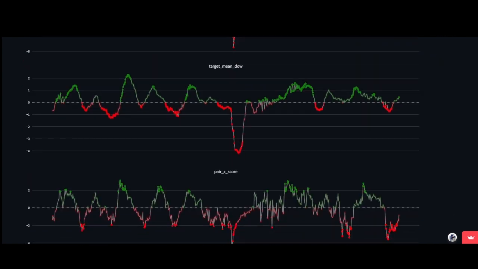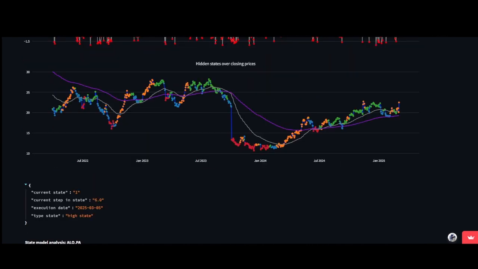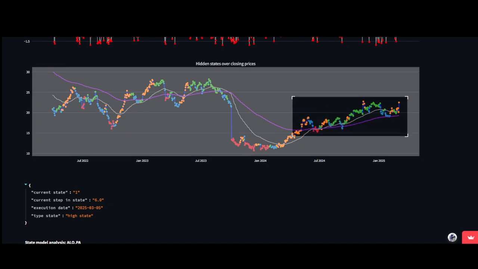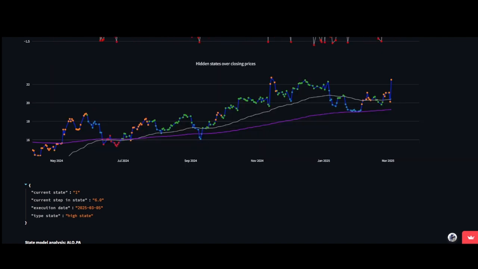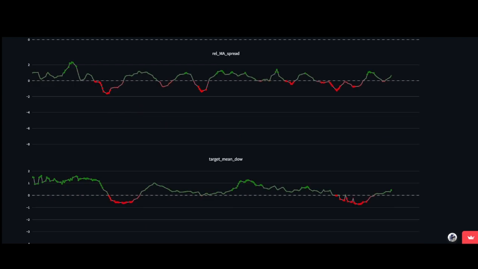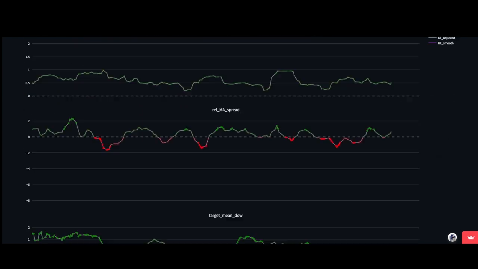Okay, here we go. This stock is particular because it jumps and then it falls and then it jumps again. But let's see what could happen.